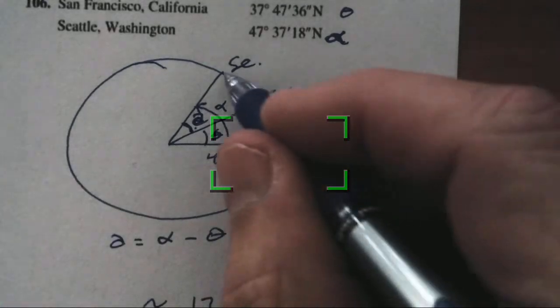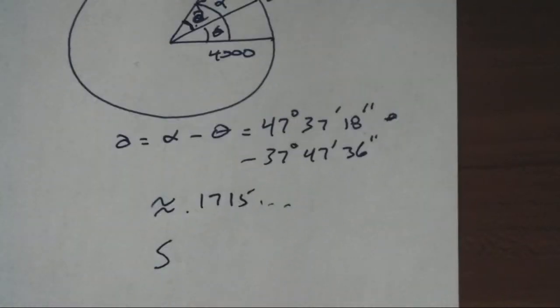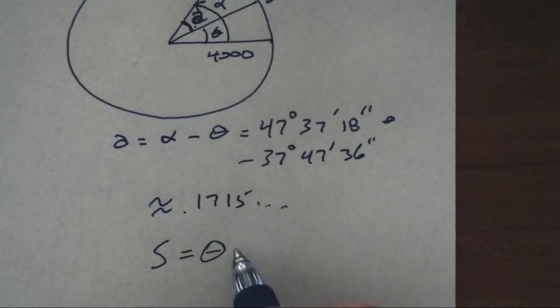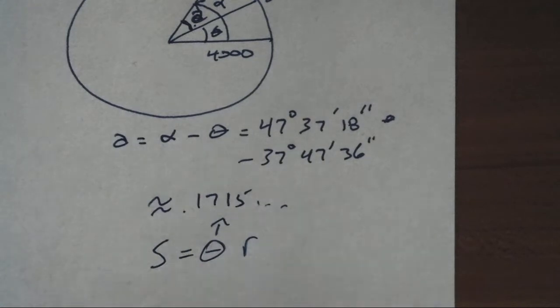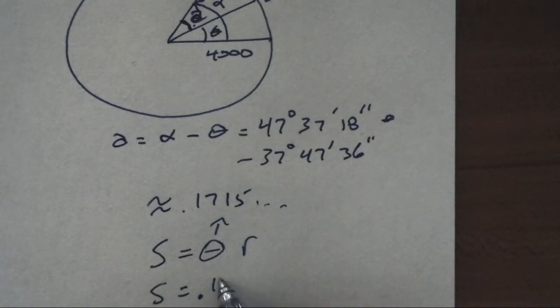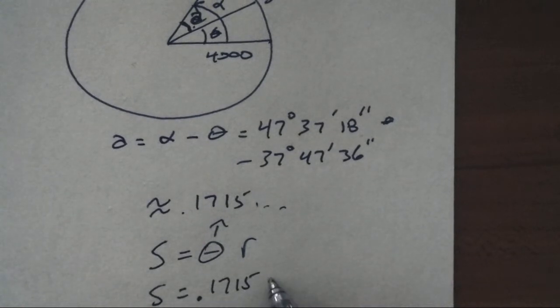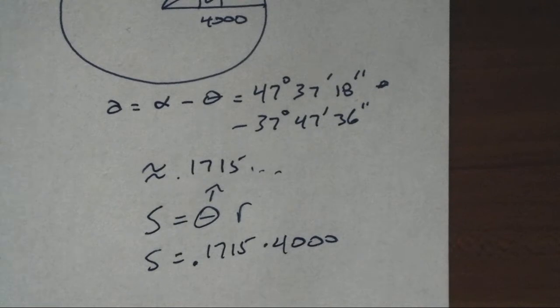Okay, and now I'm going to figure out the arc length here. So our arc length, as we saw up above, S equals theta R. See, here's the deal. Theta has to be a radian measure to use this. So our arc length, S equals theta, 0.1715 times my radius, 4,000. Now here's a nice calculator trick for you.